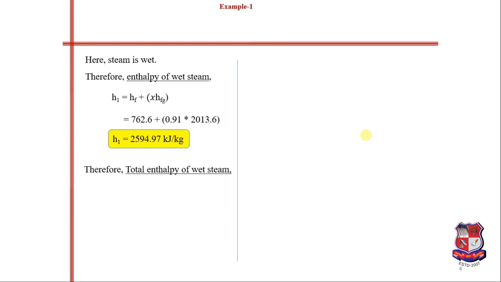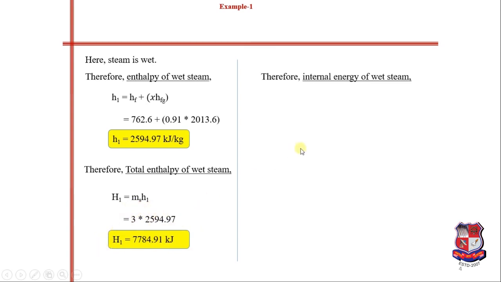So total enthalpy of steam, we need to multiply the mass of steam available with this specific enthalpy. Okay, this enthalpy here small h is specific enthalpy because it is given per kg. Okay. So if we want to find energy in kilojoule, we need to multiply it with mass. Okay, that will be denoted by capital H.